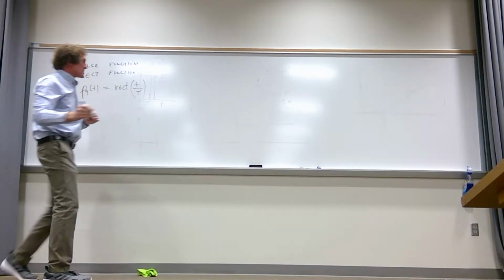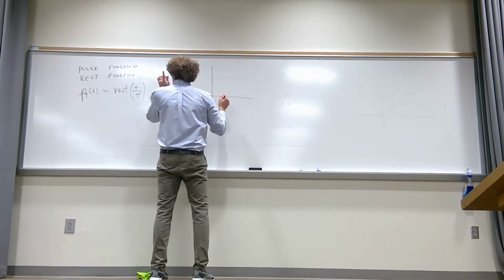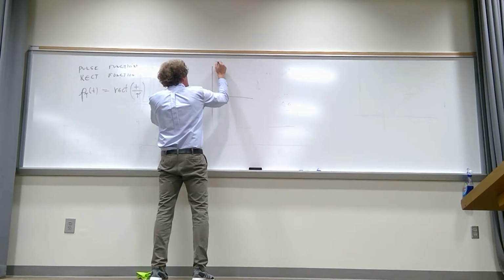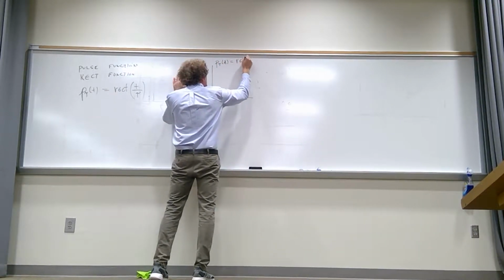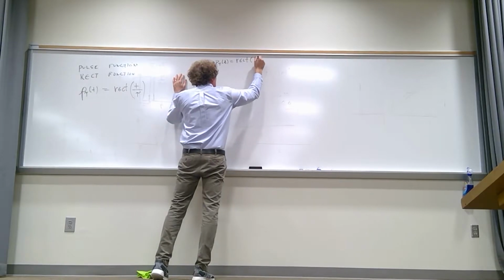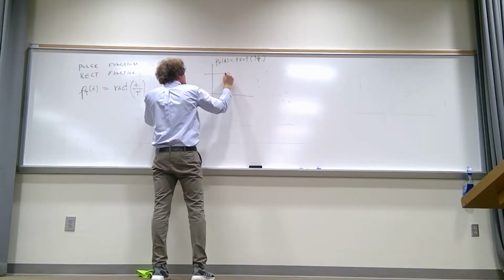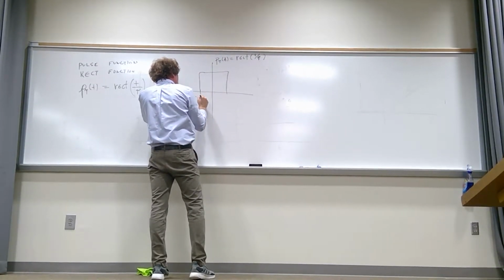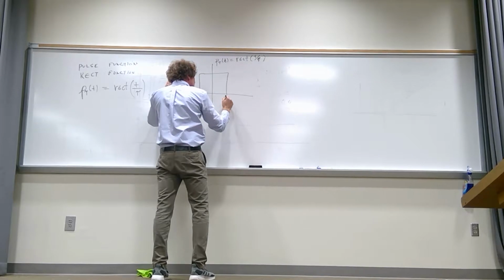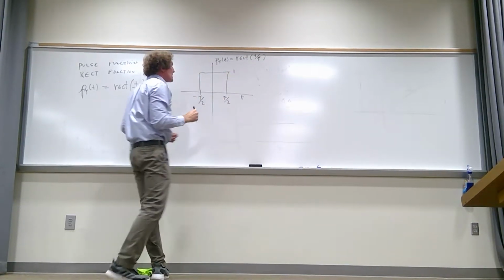And what it defines is this. Either the pulse function of t or the rect function of t over tau is simply something that has a width of tau and a height of 1.